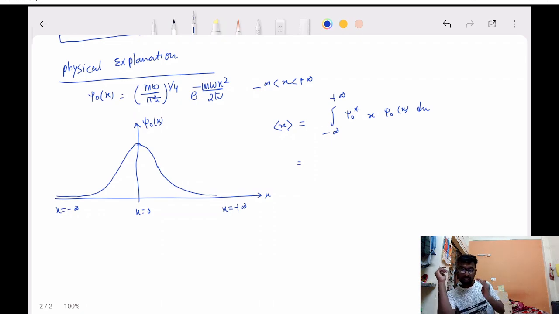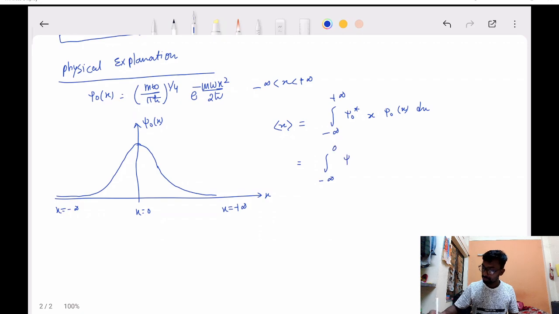But we segregate the integration limit like that: from minus infinity to 0 of psi 0 star x psi 0 dx, plus from 0 to infinity of psi 0 star x psi 0 dx.